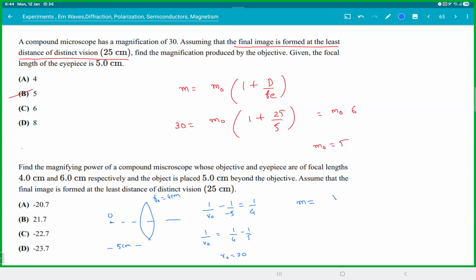The magnification formula is V naught by U naught. That is the magnification of objective. The image is formed at the least distance of distinct vision, so 1 plus D by FE. So V naught is 20, U naught is 5, 1 plus 25, and FE is 5. That is 4 plus 100 by 5.